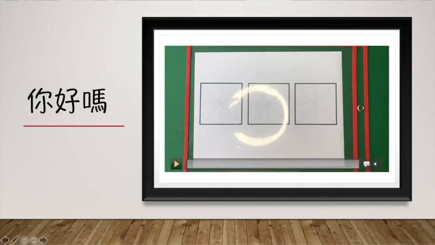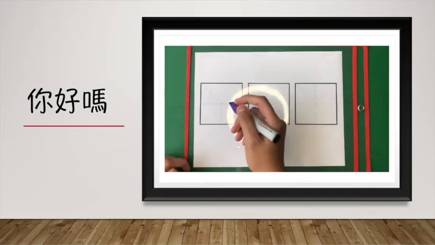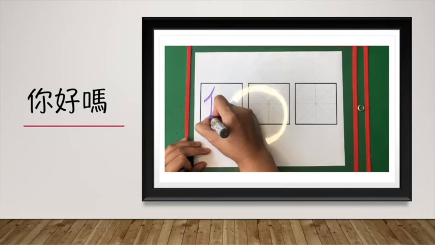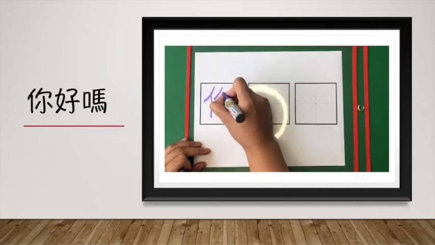Let's do things one step at a time. I will show you how to write the 你好嗎 in this little video. So remember, when we are writing Chinese characters, it is always going from the left to the right, top to the bottom.